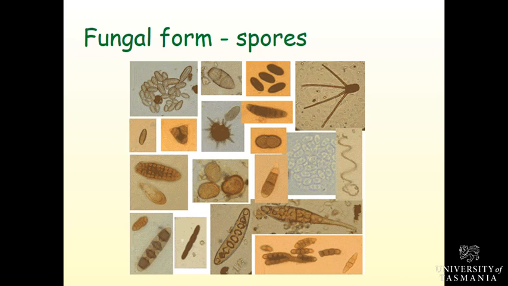Some of them have rather interesting structures, but also even on the surface, if you look close enough, sometimes they'll have specific surface structures. So a lot of the rusts, for instance, will have spiky surfaces, but the actual surface structure can be important in terms of identifying specific species or genera.